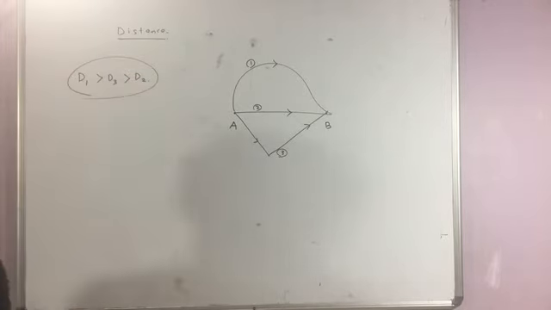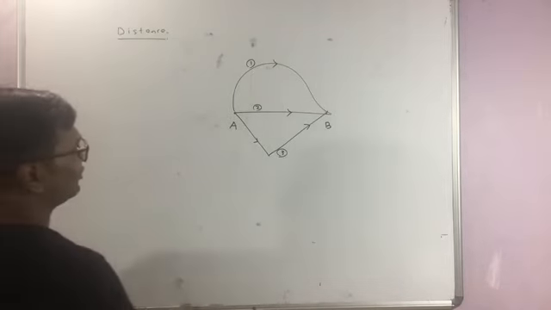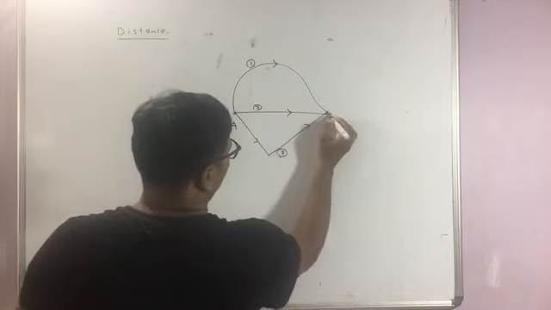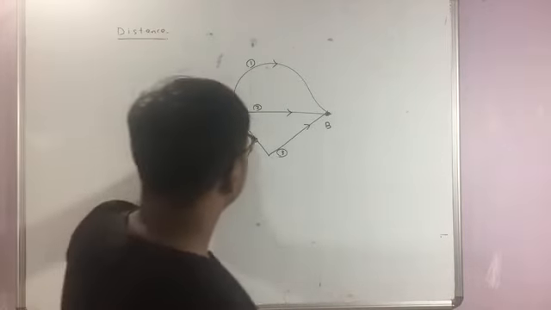So distance is the actual length of the path covered. It will vary though the initial and the final point remain the same. Got it?